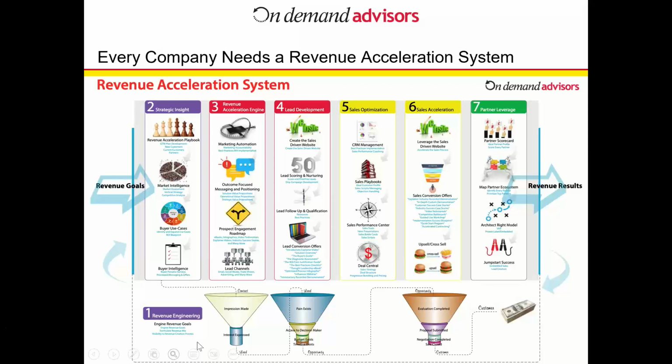So the purple is strategic, the red is marketing, the yellow is sales, and the green is partner leverage or strategic alliances. And everybody that will be attending today will receive a copy of this.